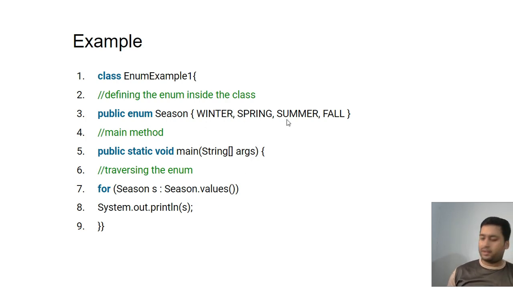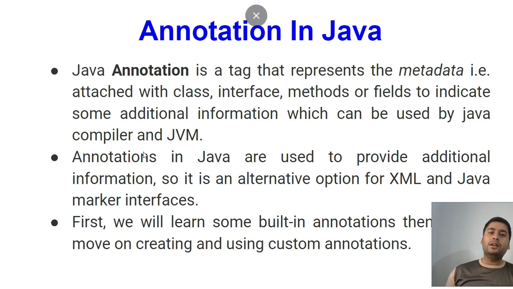What are annotations in Java? Enum is one part and annotation is the other part. Annotation is also very popular and very important. A Java annotation is a tag that represents metadata.